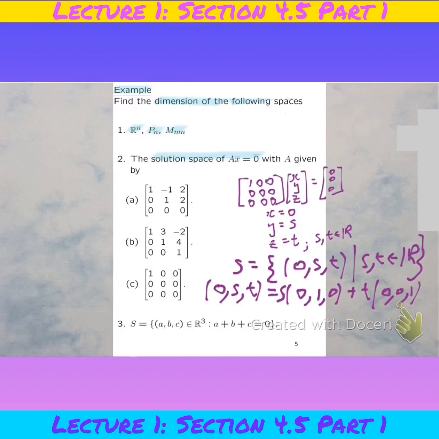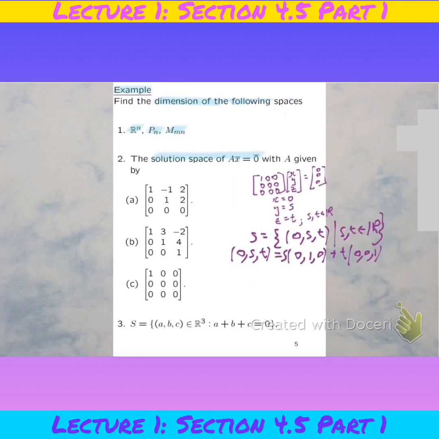Okay, so that gives you a clue as to what my basis needs to look like. So what I'm going to do is choose B as the set containing two vectors, this standard unit vector and the other standard unit vector 0, 0, 1.